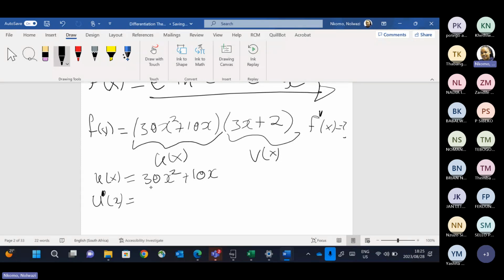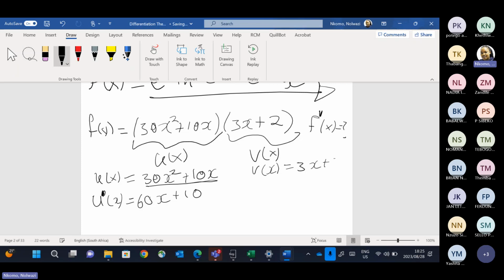You see, u at x is now a polynomial function, which means to get u prime at x, we need to apply the power rule, right? And if we apply the power rule here, we'll have 60x plus 10, right?